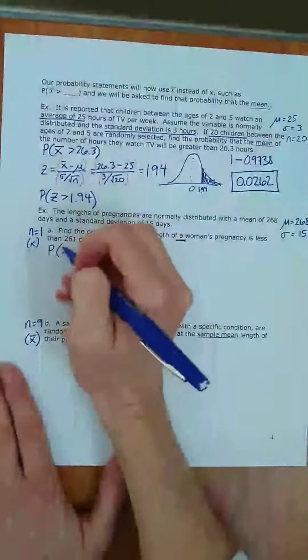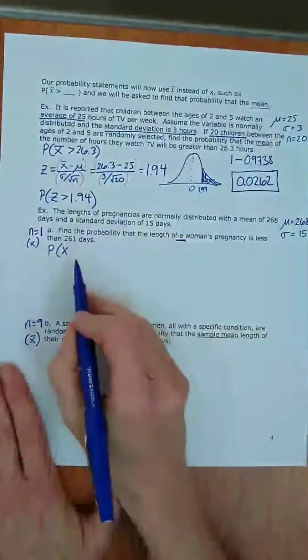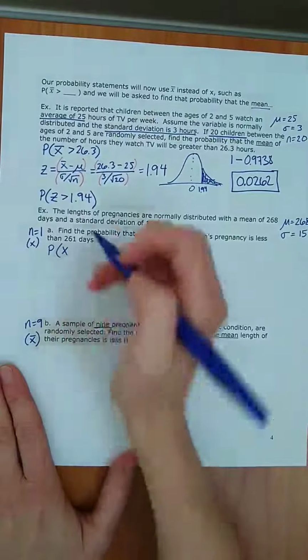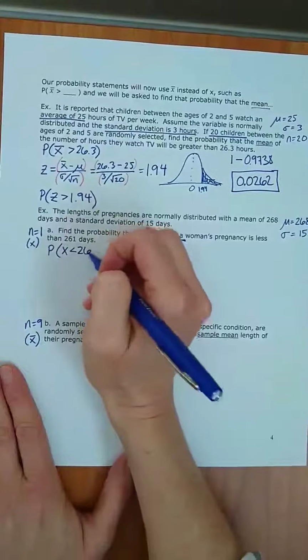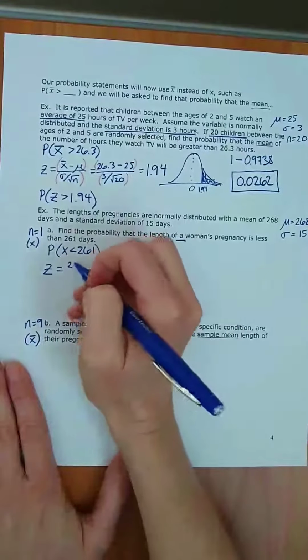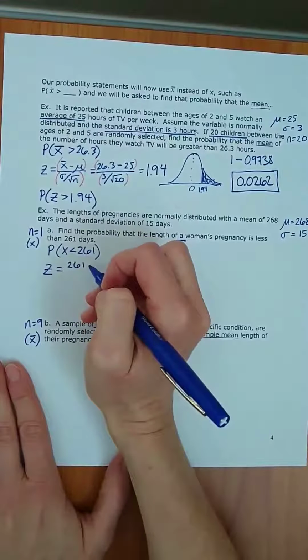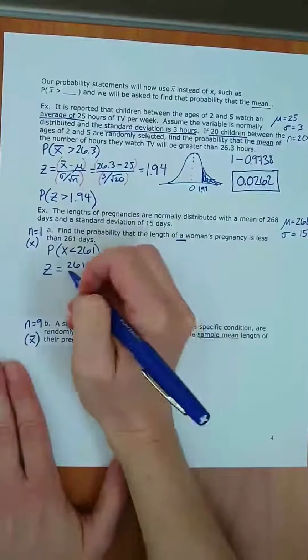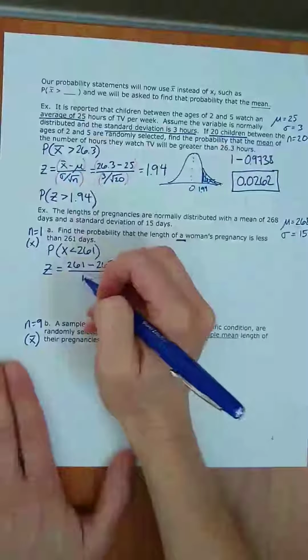So here we're working for this one woman. We're looking to find out what's the probability that her pregnancy was shorter, that it was less than 261 days. So I convert my X to Z. Z is X minus mu divided by sigma.